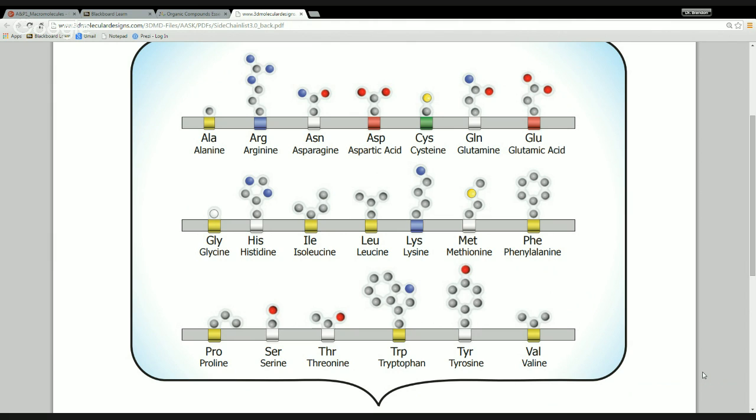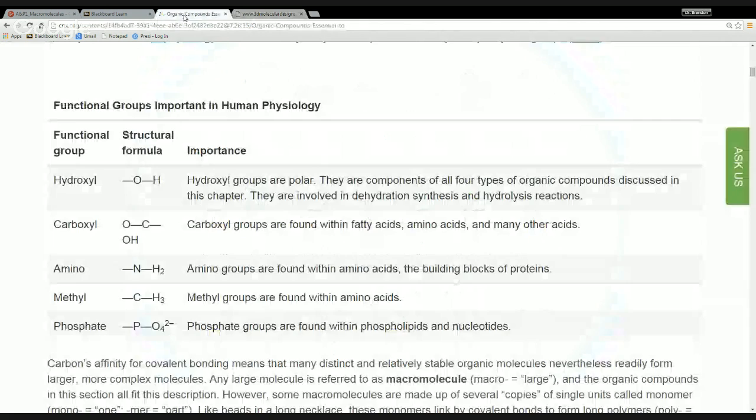This is an amino group, this nitrogen with a hydrogen. Let me just jump back to the book here. Where it says amino group, it says NH2. The number of hydrogens in any functional group actually doesn't entirely matter. Here at the end of an amino acid, the amino group has 2 hydrogens.